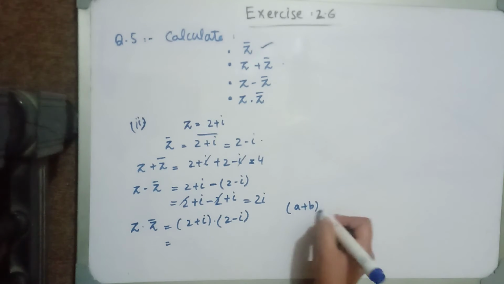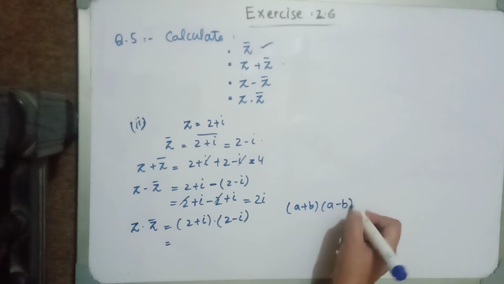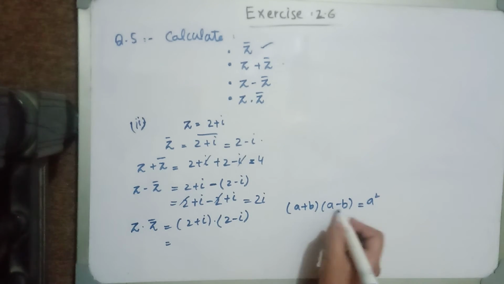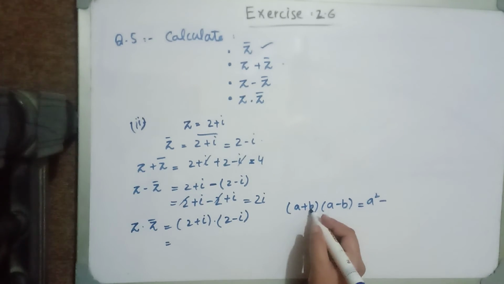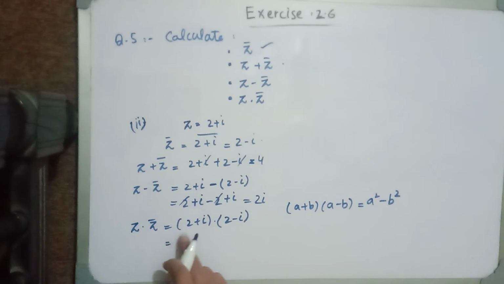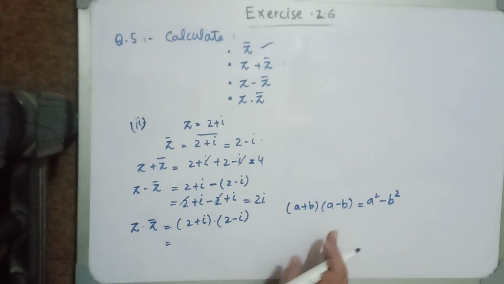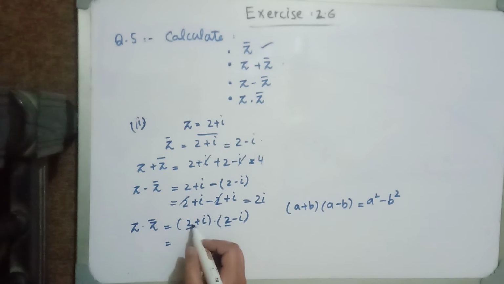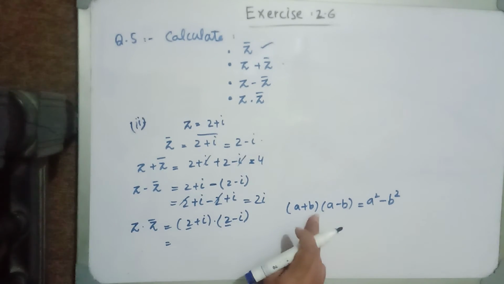A plus b into a minus b is equal to a square, the first term squared, minus b square, the second term squared. In this case we don't have a and b. It's not necessary that you have a and b, but if you have the first term similar, and the two terms are added first and then subtracted, and the second term is the same, which is the case here, we can apply this formula.